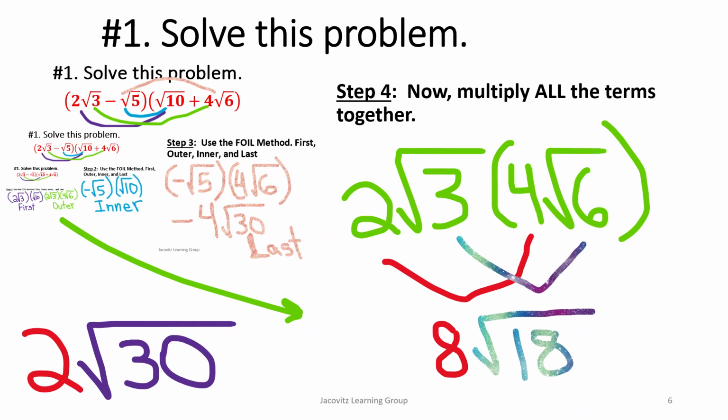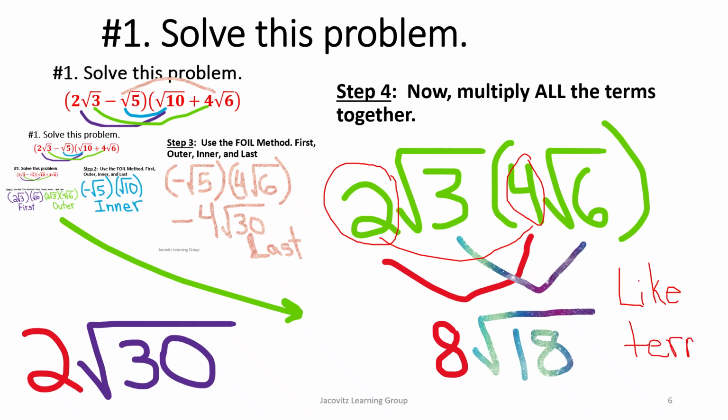Now you have this term, 2 times square root of 3 times 4 times square root of 6. Look here, 2 times 4 is 8, because you're doing terms that are alike. And then these terms: a lot of people are inclined to do 3 times 2 times 6.